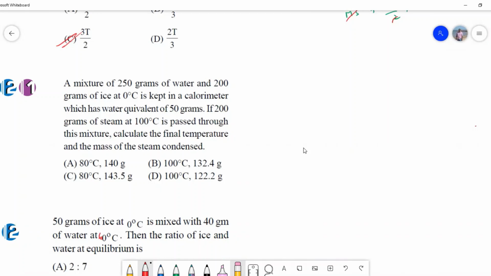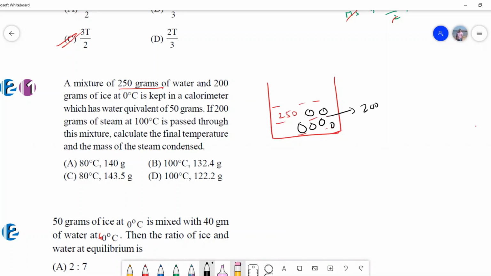Now let's move on to problem number 21. A mixture of 250 grams of water and 200 grams of ice at 0 is kept in a calorimeter. So let us draw a diagram. There is 250 grams of water and 200 grams of ice kept in a calorimeter which has a water equivalent.